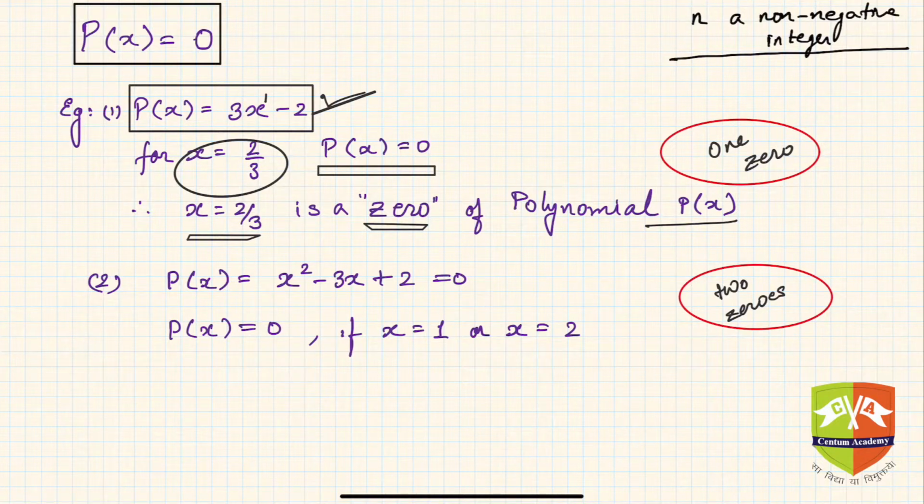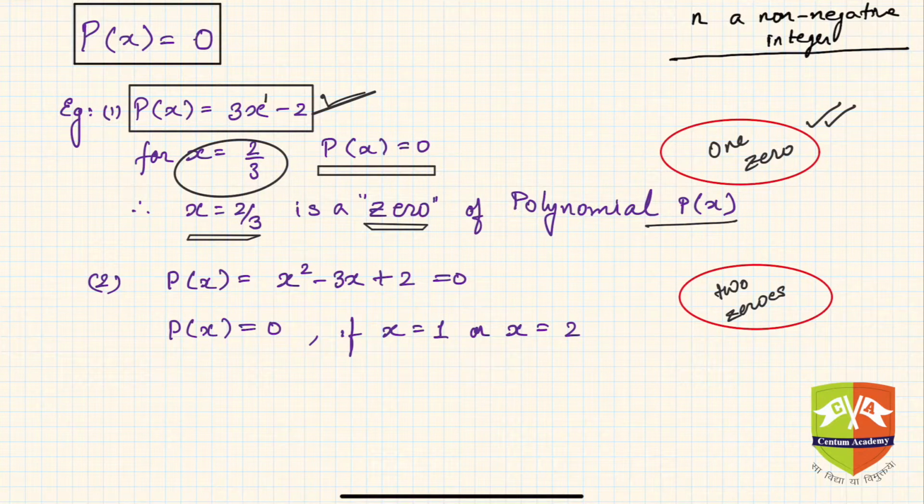So what did we find? We find there is one zero. There is significance of this, which we will study a little later, but please bear in mind that a linear polynomial can have one zero. Now let us take another example.